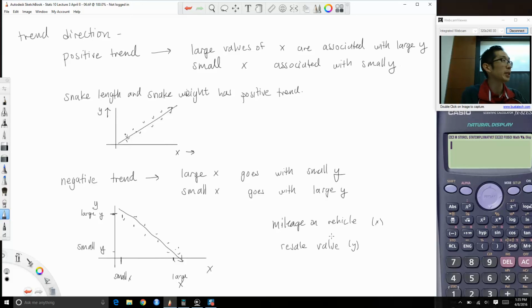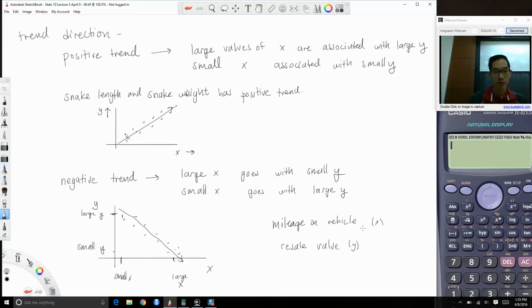Vehicles with high mileage will tend to have lower resale value. It's an overall general trend. Of course, lots of other factors go into determining resale value, but if we had to say, is there an overall trend between the mileage on a vehicle and its resale value, this is what we would have.